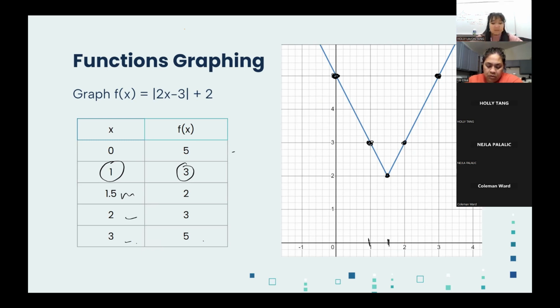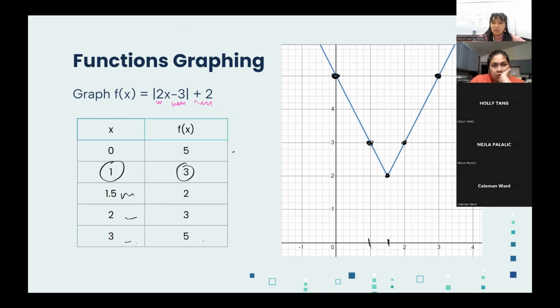So just keep in mind that your typical f of x equals absolute value of x starts at the origin of 0 and then has that slope in the middle. So everything that we've done here is that with this equation, we've both shifted it and we've stretched it.